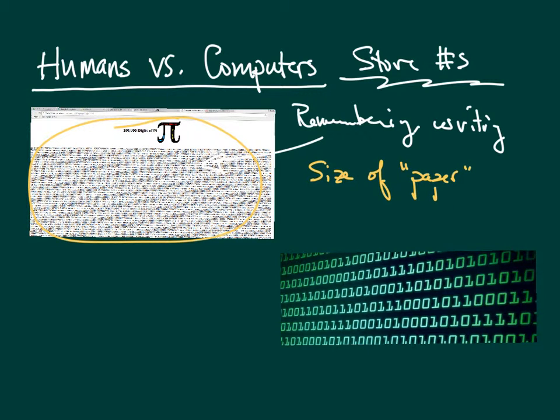But when computers are writing numbers down, they think about data in terms of bits and bytes. That means it's a string of zeros and ones.